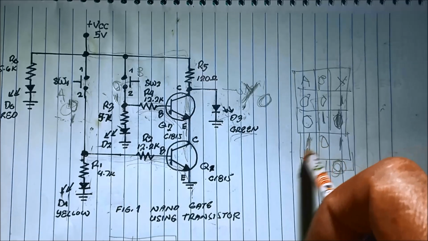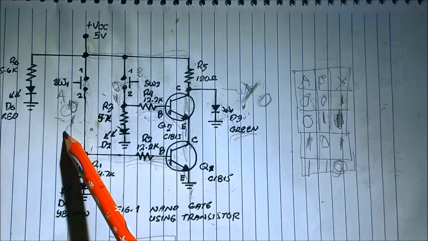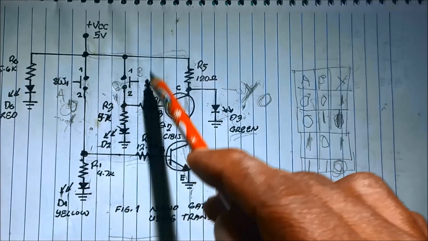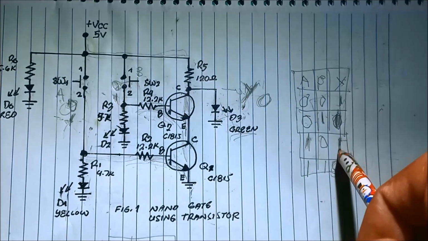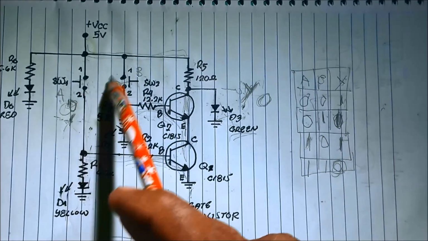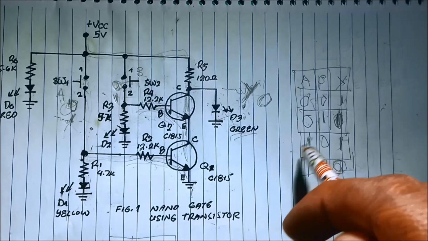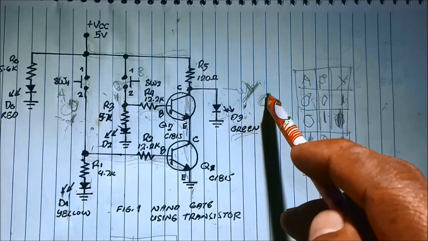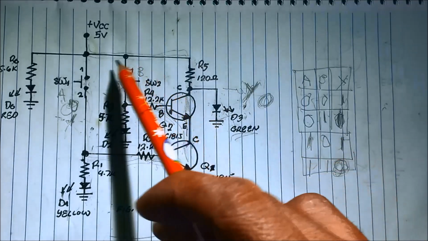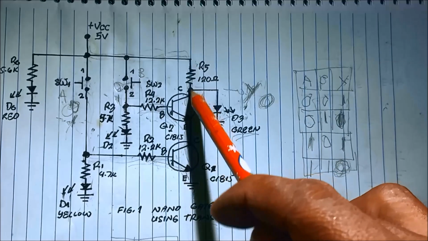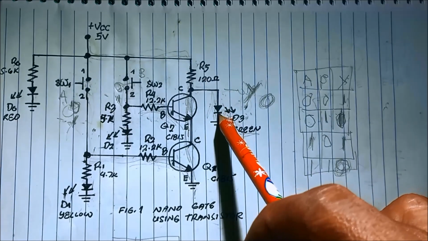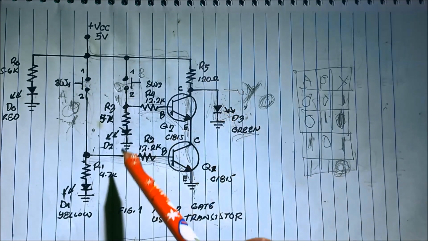And if we press the switch A, 1, and 0 for B, not pressing the switch B, still the output is 1. If we both press the switch, the output is 0. It means this LED turns off, because the current flows directly to the ground bypassing this LED. So it no longer turns on.